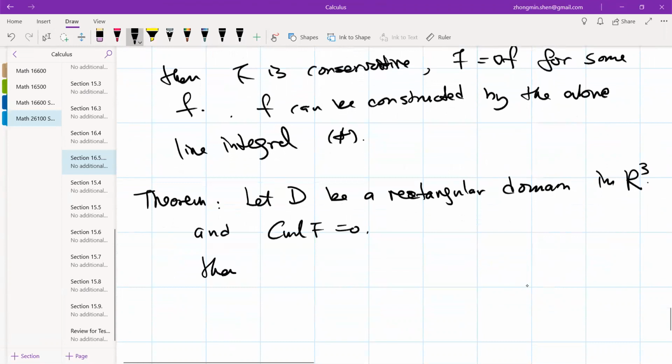Then F is conservative. We prove that using just integrals, as I just showed you.